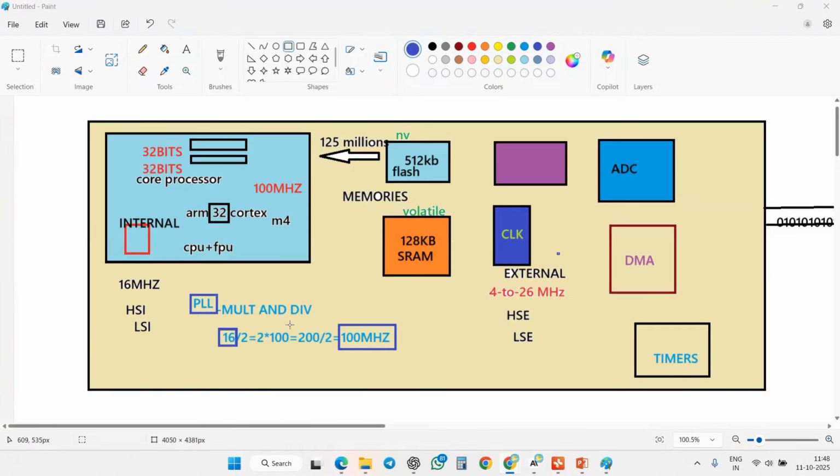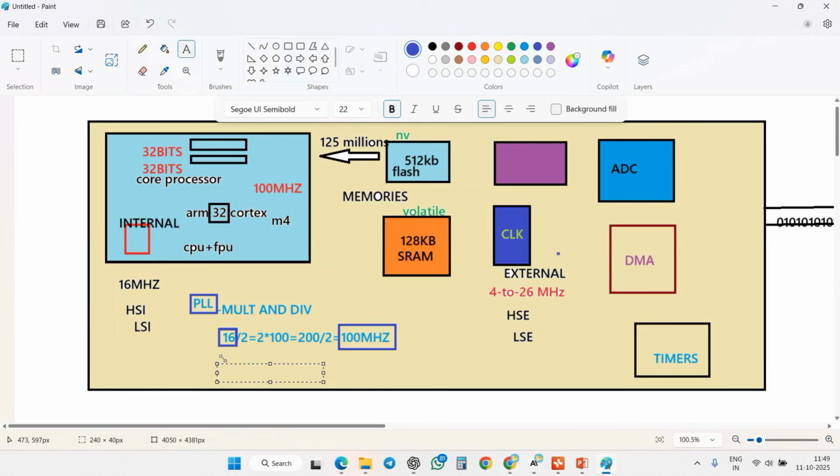So first it divides by 2, then it multiplies by 100, and then that 200 is divided by 2, and I get the exact value. In this case you are giving 16 megahertz, the constant internal value, and the final maximum range you require is 80 megahertz.